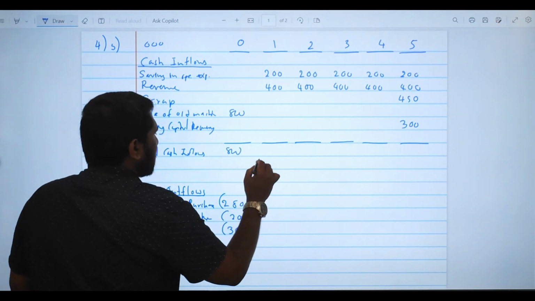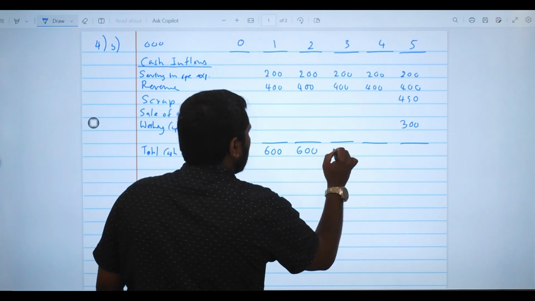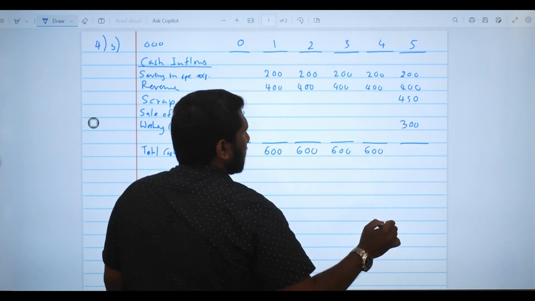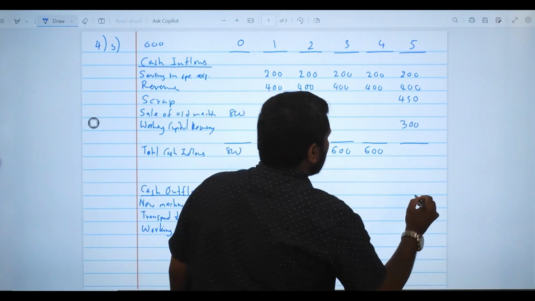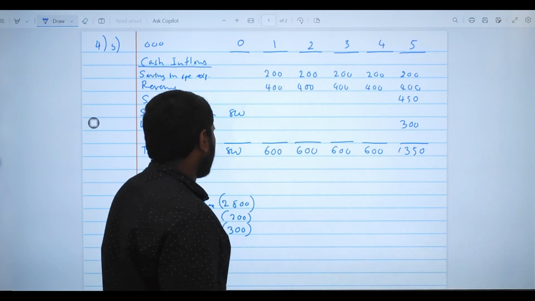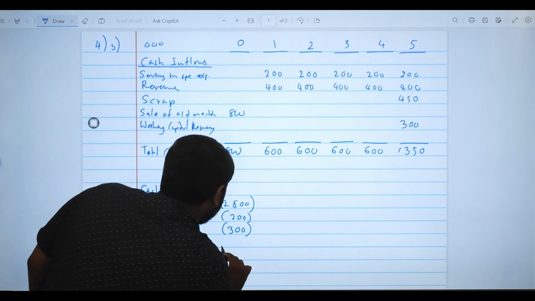Here 800, here 600, 600, 600, 600, 600, 900, 1350. So these are your total inflows.